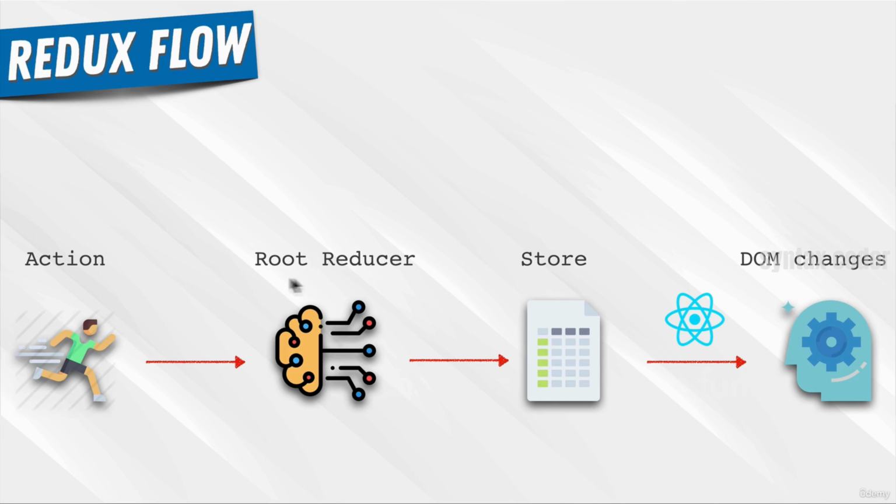And a reducer is simply a function, a pure function that receives an input, which is the action, so the user just clicked on a button, and creates an output. And this output is the state, or the store, as we call it in Redux, which is the entire state of the app.